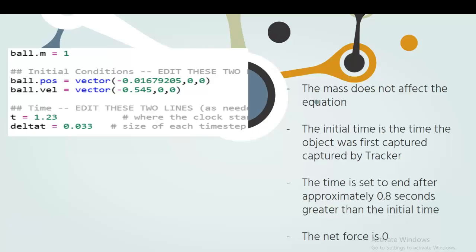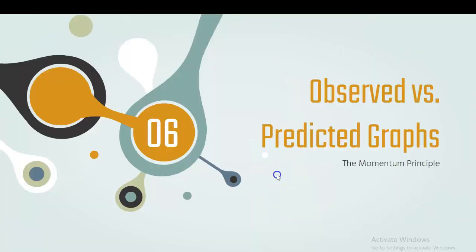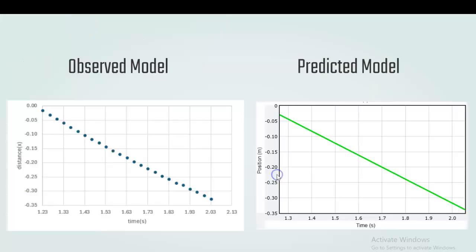We then set time equal to the initial time found in Tracker, set delta t to 0.33 seconds, and set t to be less than about 2.05 seconds, so that is our change in time. We then set the net force equal to 0 because constant velocity entails that there's no net force on the system.